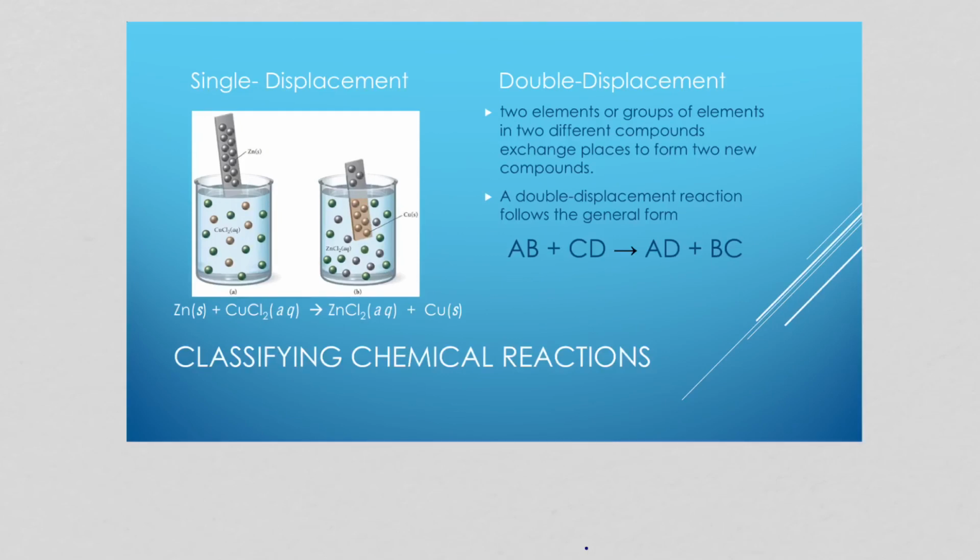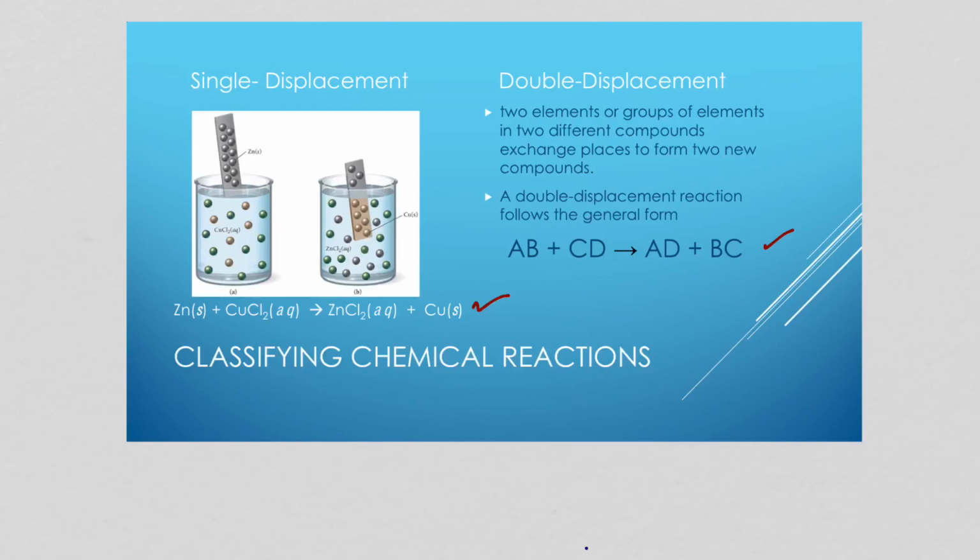And then lastly, we can look at an example of single displacement that we saw, where one element is displacing another one in a compound. And then of course we have the double displacement reactions, what we saw when we looked at precipitation reactions, where the ions in these ionic materials are swapping places.